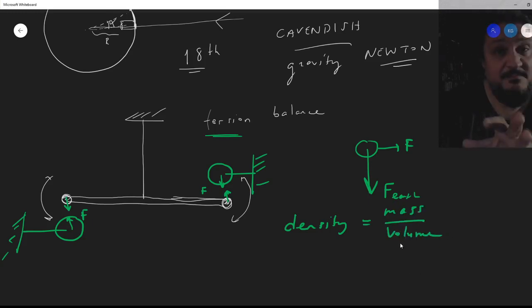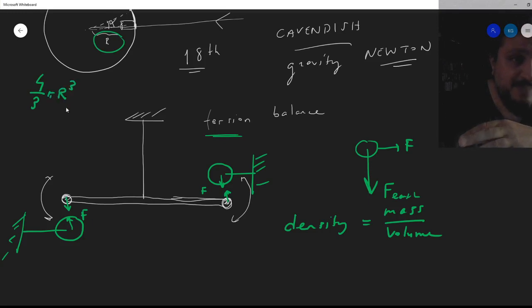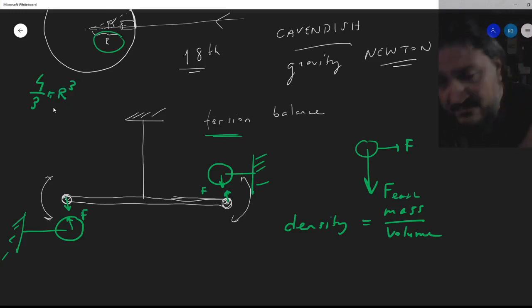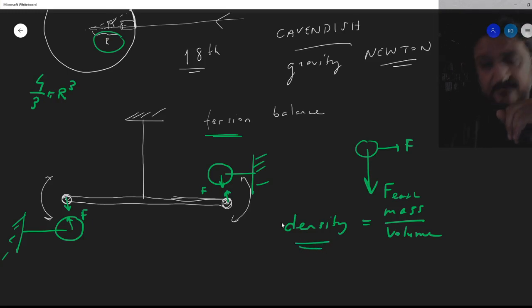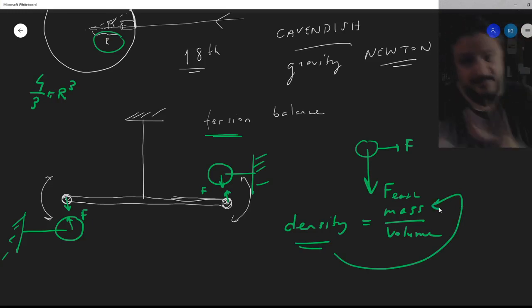Now volume can be found because we have the radius, remember? And then 4/3 pi r cubed gives us the volume of the Earth, pretty much, approximately. If you can measure the density of the Earth using this torsion balance, you can get to the mass of the Earth from that simple equation, okay?